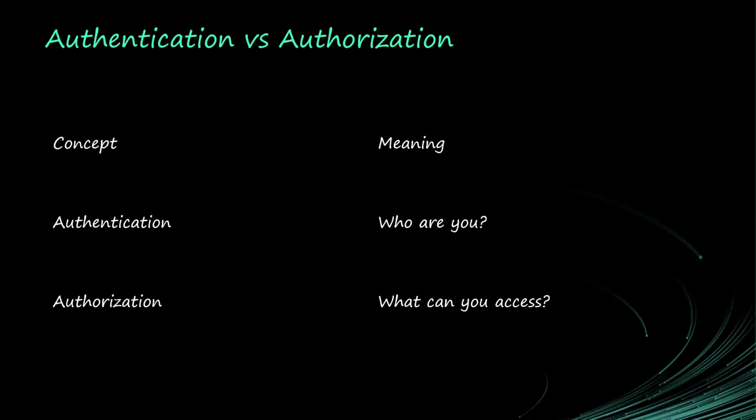Both the admin and the normal user will be authenticated, but the normal user will not have access to what the admin has access to. So that is authorization. Authentication is who are you? We are verifying who you are. Authorization is, can this person actually have access to this resource?